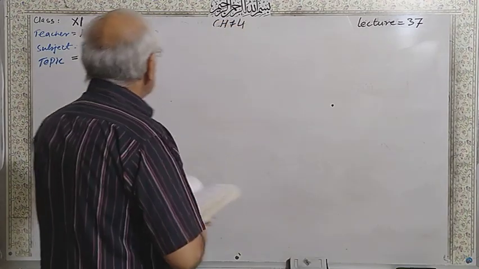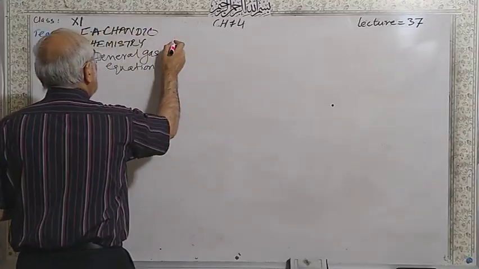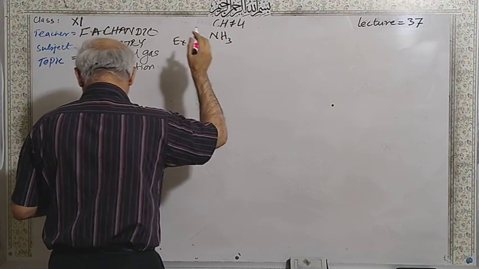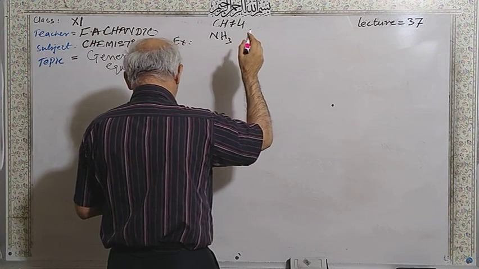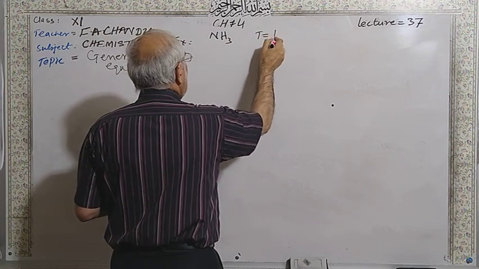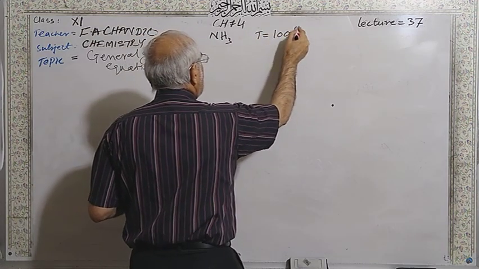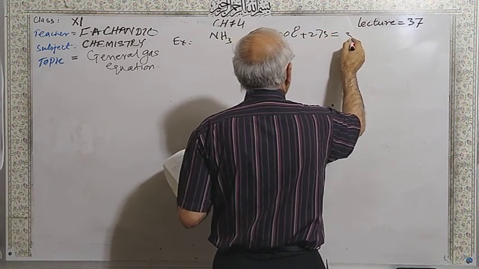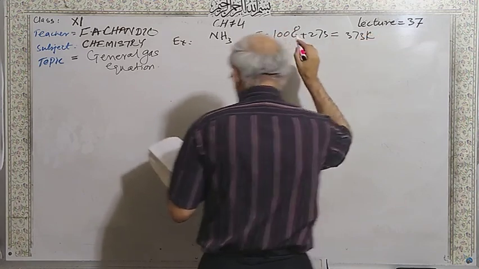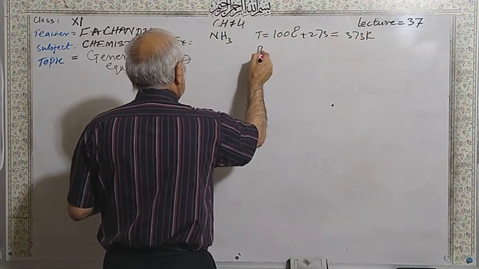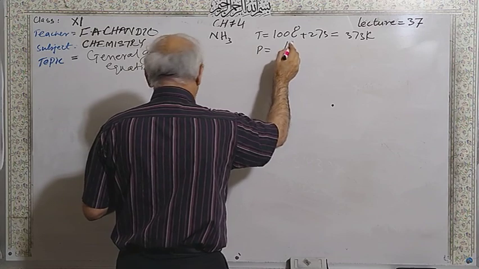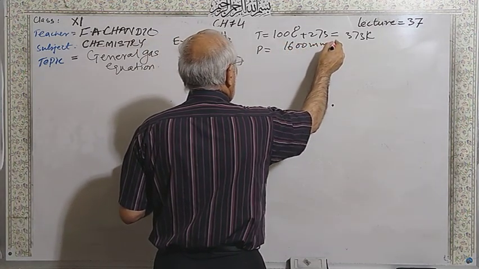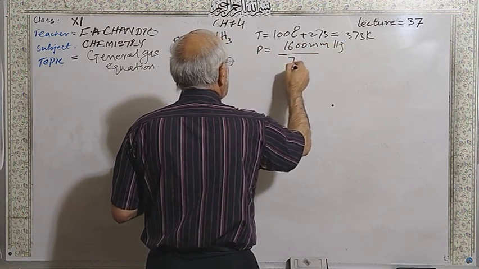Example: gas is ammonia and temperature is 100 degrees Celsius plus 273, you will get 373 Kelvin, and the pressure is 1600 millimeters of mercury divided by 760.